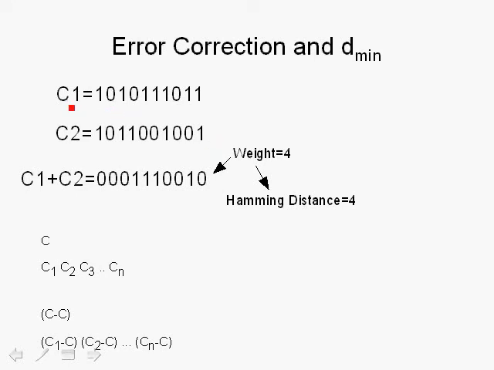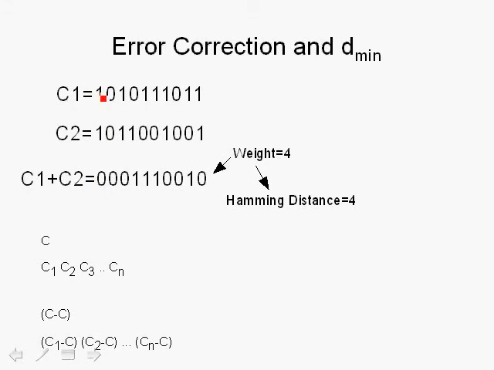Let's suppose you have a code word C1 shown here, and you have another code word C2 shown here, and one way to characterize the distance between these two code words is to do a modulo 2 summation of the codes bit by bit, which we've done over here. So C1 plus C2, again, this is modulo 2 addition, so every bit is exclusive OR'd with each other.